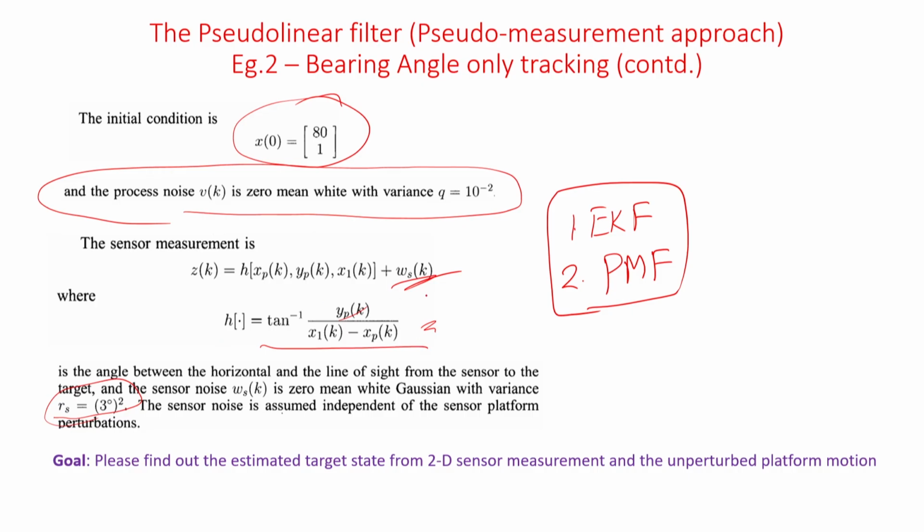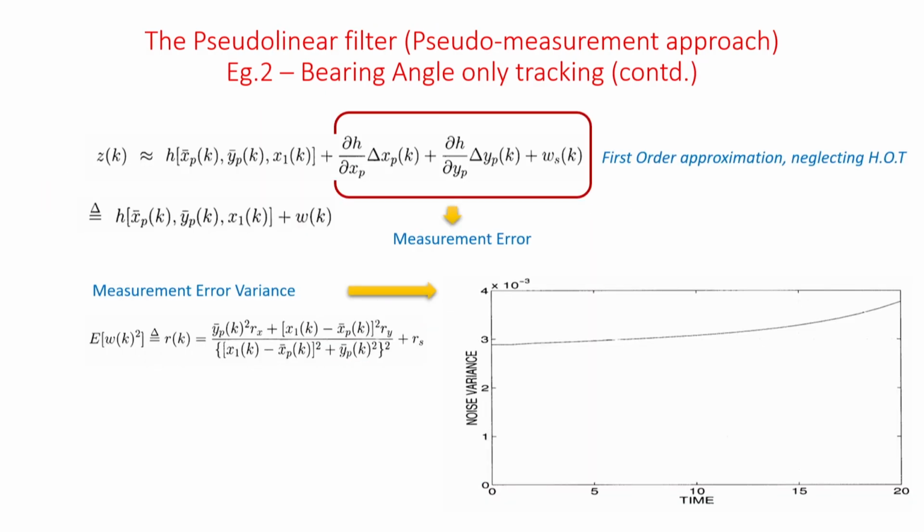This is my measurement function. Now, what is there? xp and yp are there. xp and yp themselves are changing: xp is 4k, yp is 20. So when I take the total measurement error, the angle measurement error, along with this measurement noise I have to add this term as well, because the measurement function is changing with respect to xp and with respect to yp.